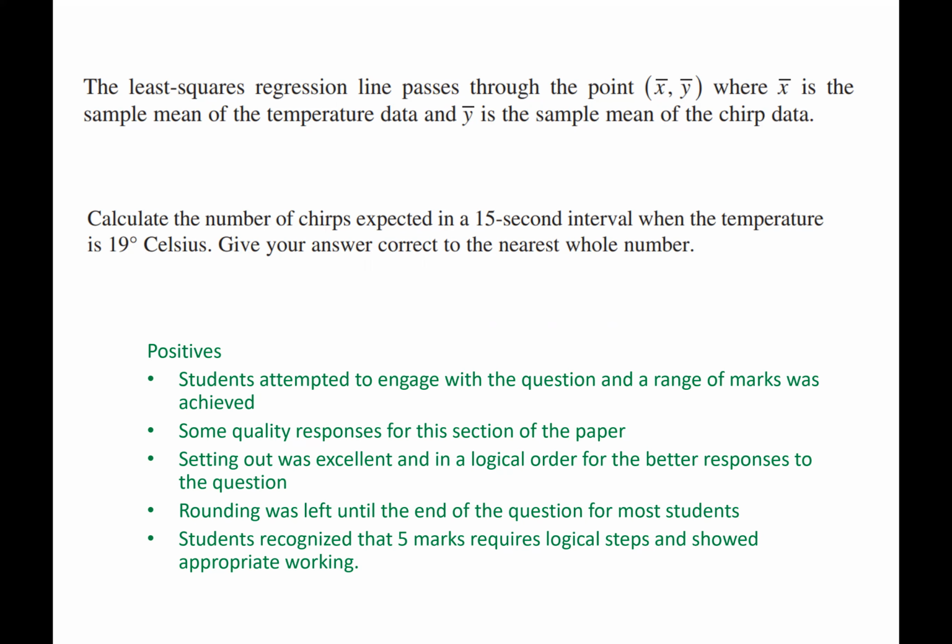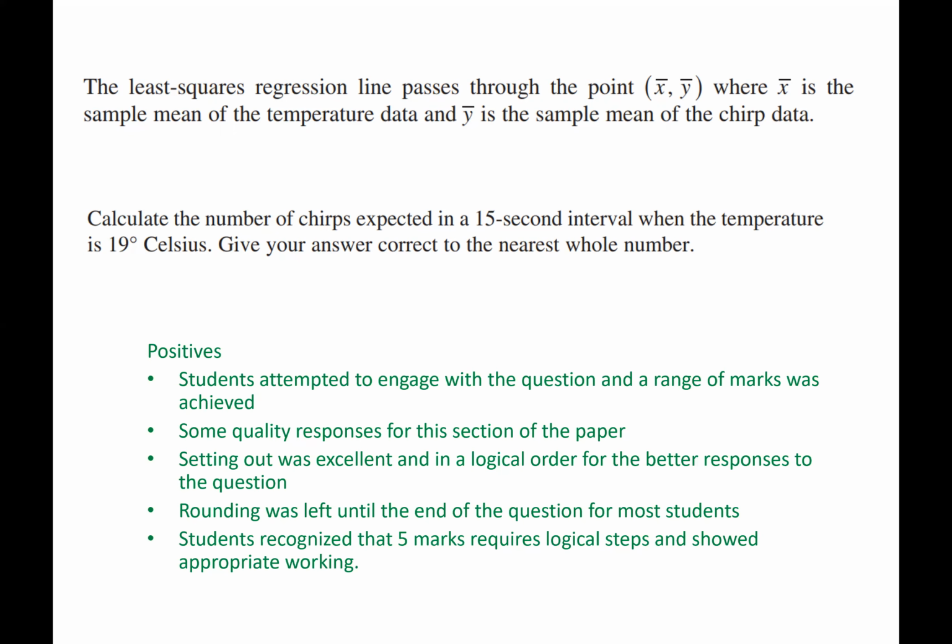There were some quality responses. So there were students gaining 5 out of 5 here, definitely. Okay, so there were quite a few people that got through the information, picked out the relevant parts and put it together appropriately. So that was very pleasing as well. Obviously, those students who made it into the higher marks, 3, 4, 5, their setting up was logical.